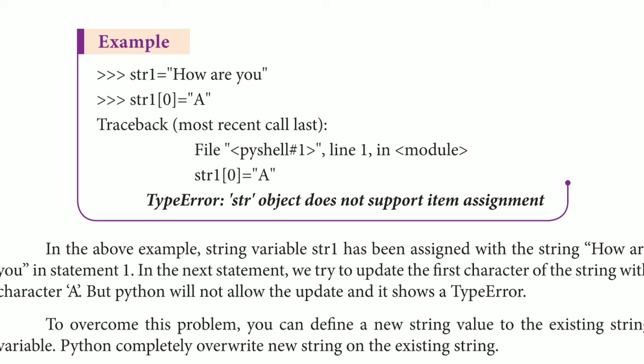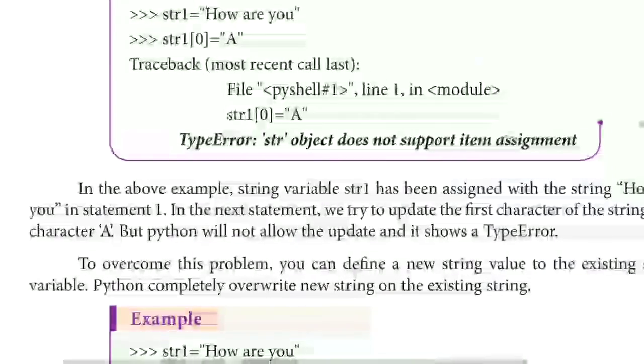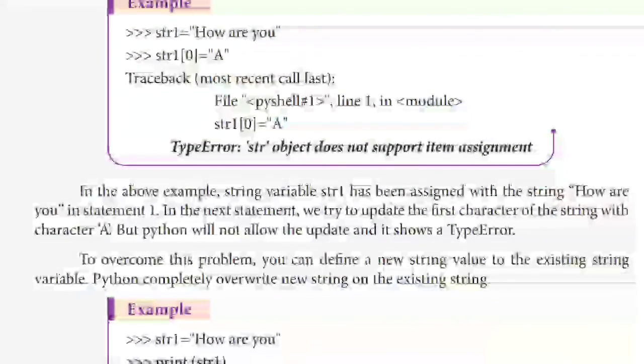So the compiler throws an error. Okay, traceback error. You can see the type error: string object does not support item assignment. So once we have declared a string variable, you cannot change it. The assignment operator cannot be used here.